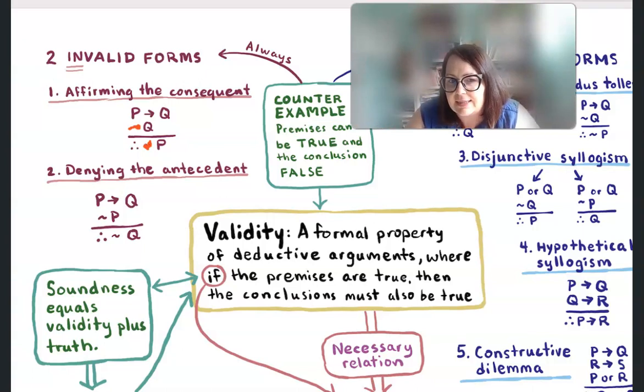So denying the antecedent works in a similar way. So if P, then Q, and when it says not P, we're saying, if it rains, then the streets are wet. It didn't rain, so the streets are not wet. Well, we can come up with another reason why they could be wet, right? But what we know is that it didn't rain, and we know that if it rains, then the streets are wet.